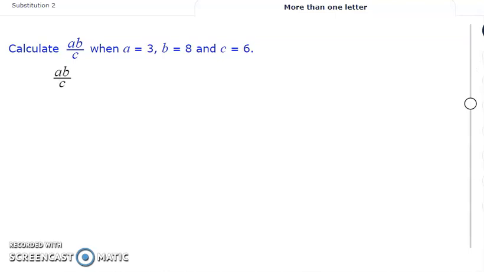AB over C equals A times B over C, which is 3 times 8 over 6. We are just plugging in the different values which are given. So ultimately what we get? 8 3s are 24, divided by 6. 24 divided by 6 is 4.